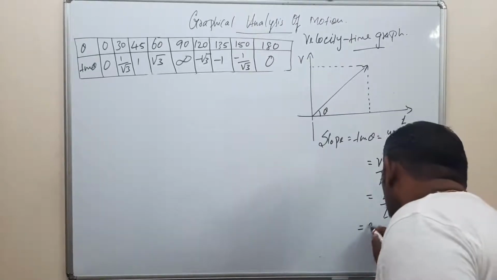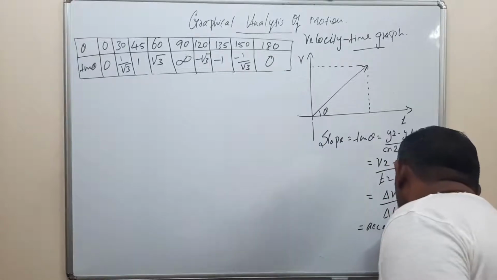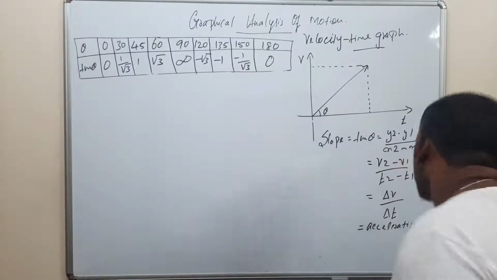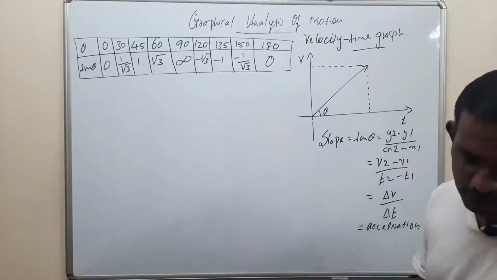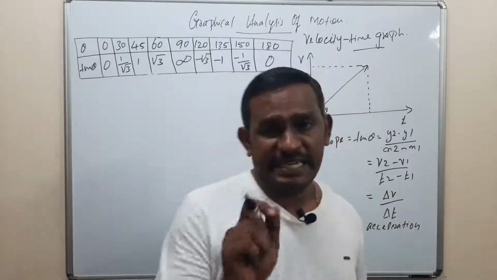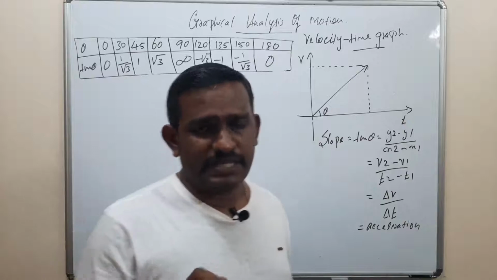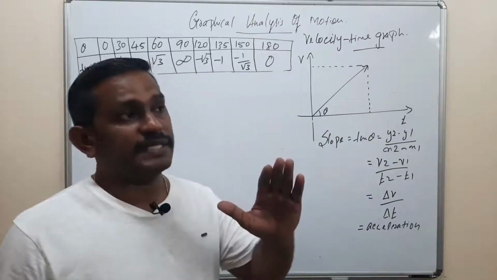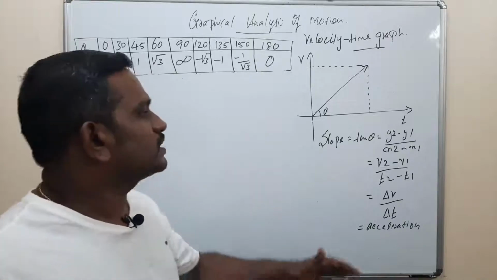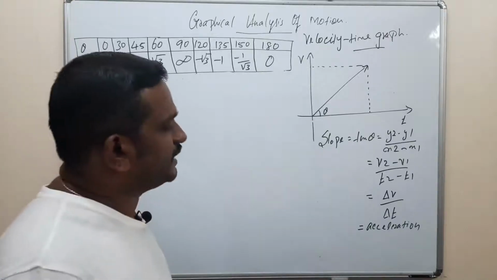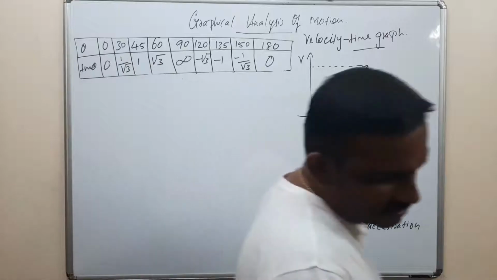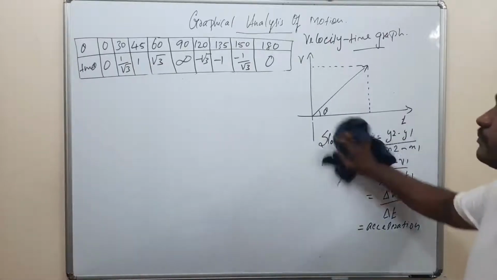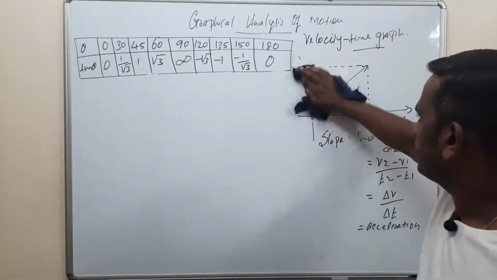So the slope of the displacement time graph gives the velocity, and the slope of the velocity time graph gives the acceleration. So case 1.